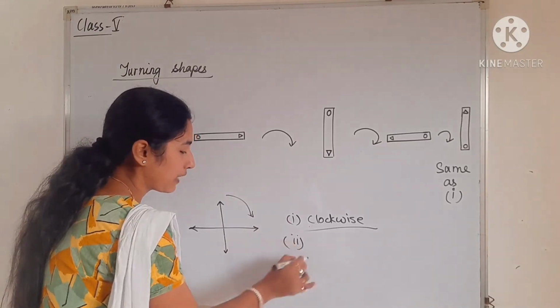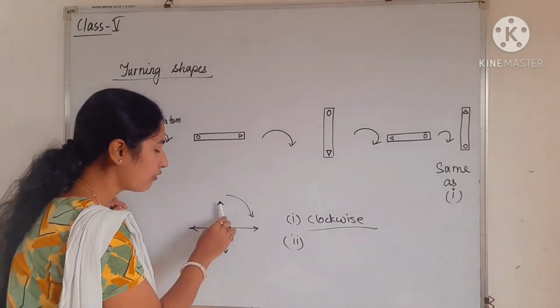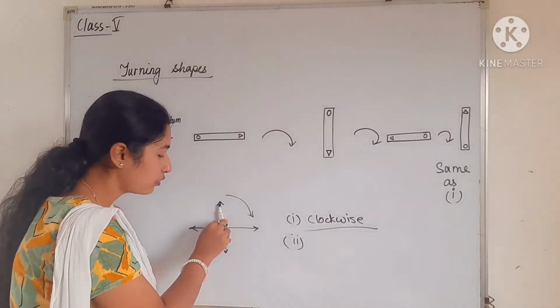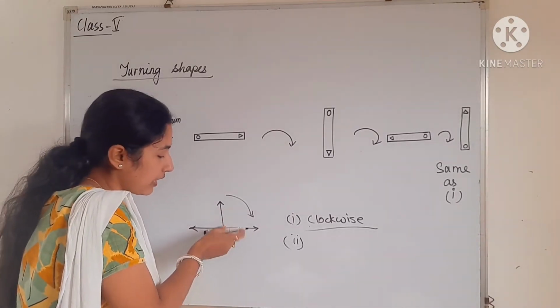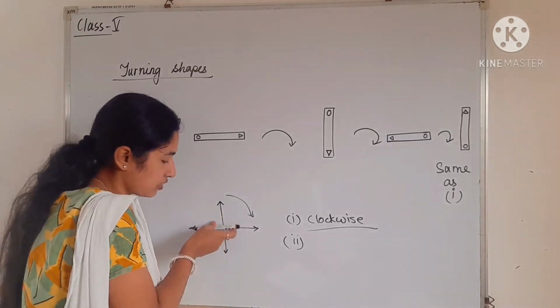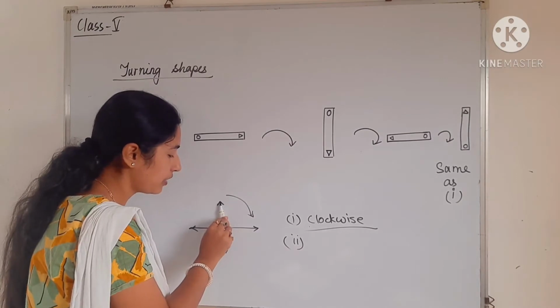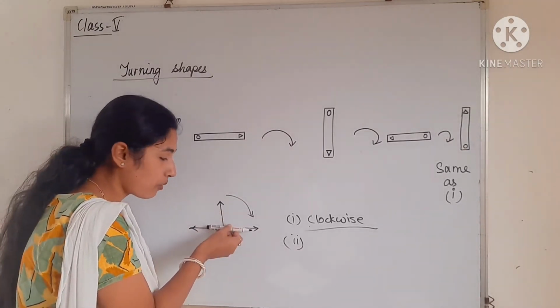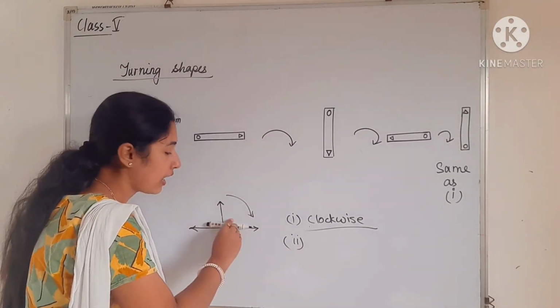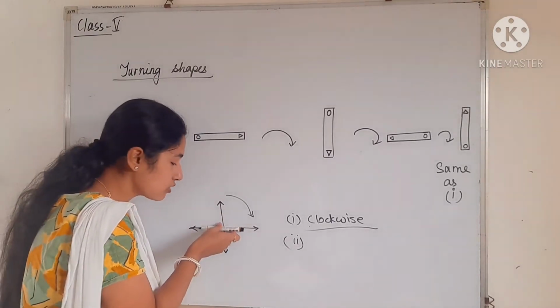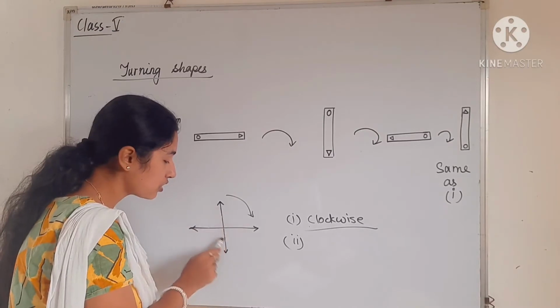And next, if your object is like this, you have to turn and go like this. Then next will be this and next will be this. You cannot turn from here to here. You have to start from this position, stop in this position first, and after that stop in this position, then after that stop in this position. So these are the positions which are defined.